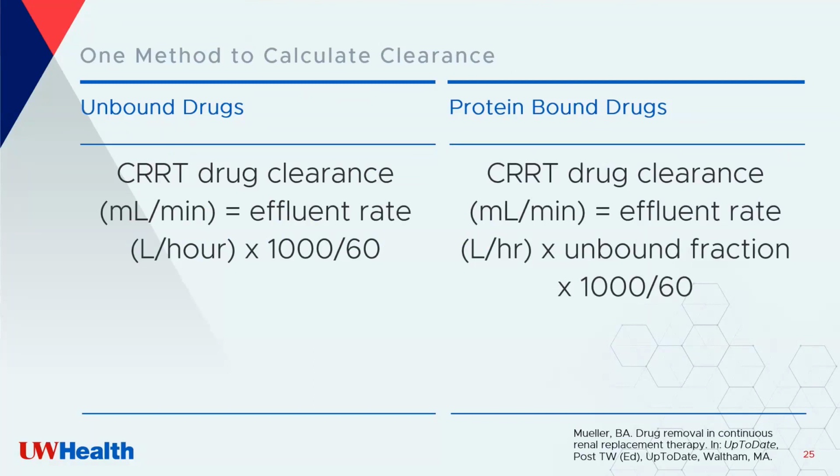They suggest that the effluent rate is equal to the CRRT drug clearance, but this does not include body weight, so it may not accurately represent the drug clearance, especially in extremes of body weight. So even though there are some resources that do recommend this, it may not provide as accurate a recommendation as we're hoping for.